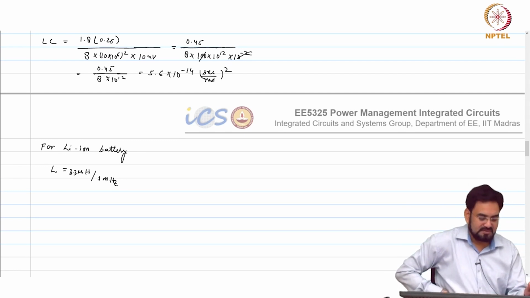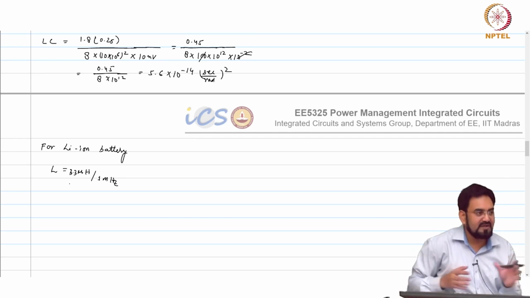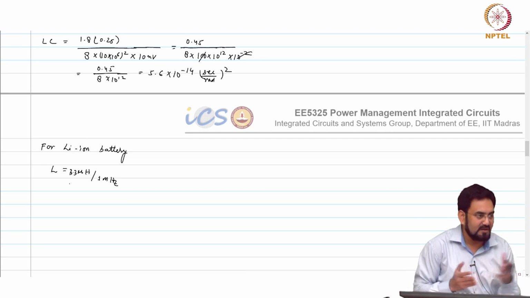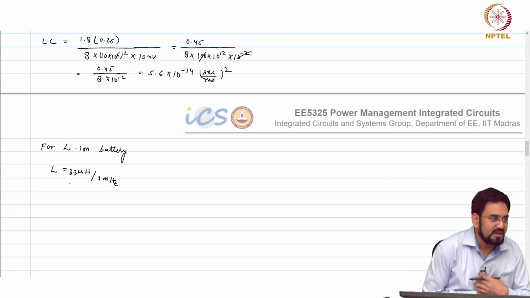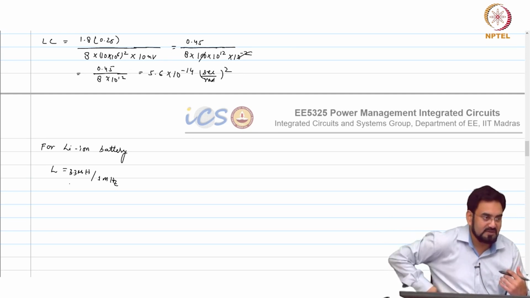Okay. And the reason is this is the optimum value for the range of voltages you are looking at, because for a lithium ion battery, I already told you the max voltage will be 4.6 volt or so, the typical being 4.6 volt, but usually they are designed for up to 5.5 volt.